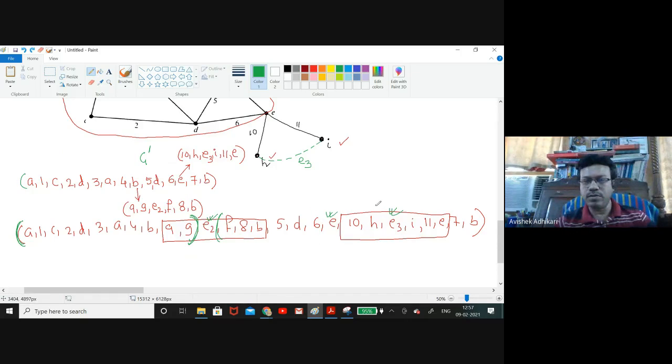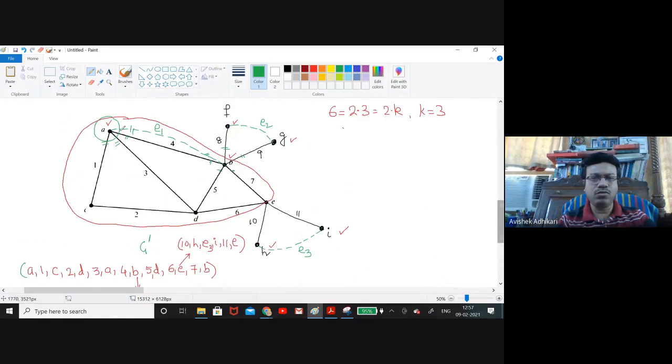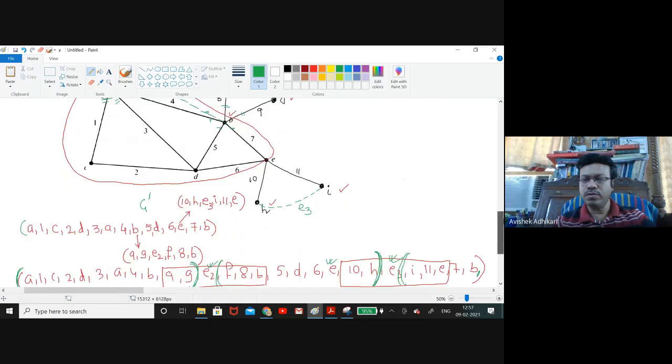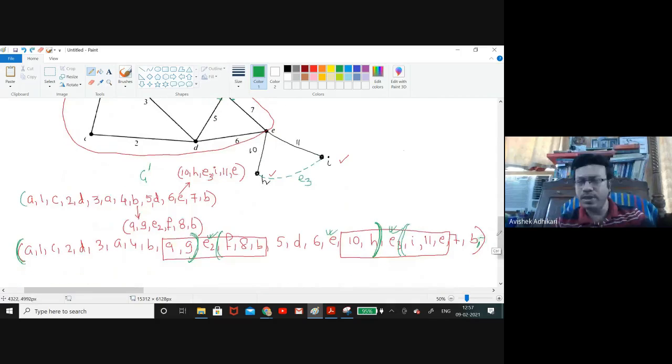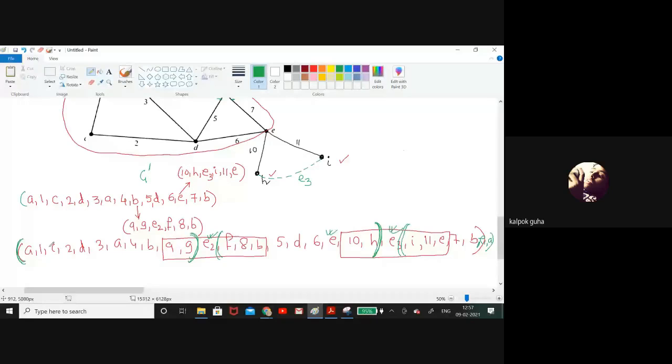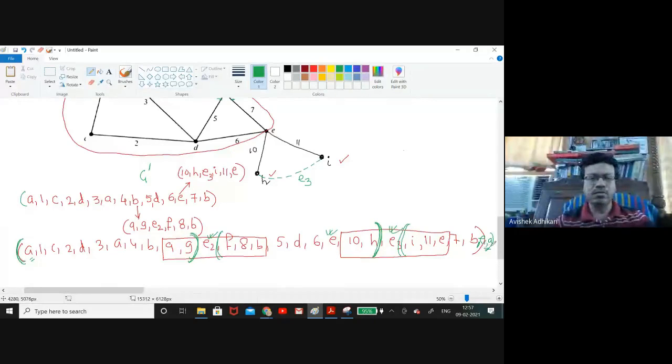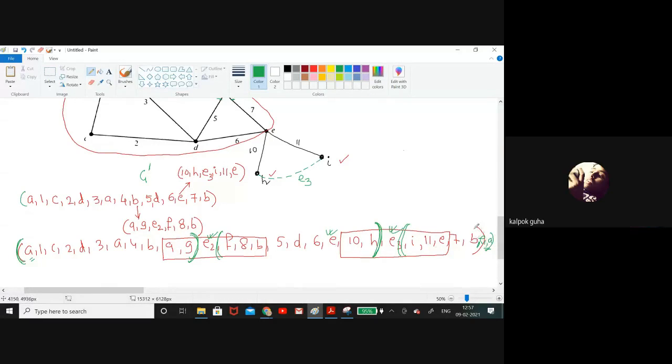Yes, it should be from up to this, and then from here to 7. And from B, so B2, from B2 you can come back to A by E1. So actually it should be from B using E1, you should come back to E. So it starts from A, it comes back to A by using some Eulerian line. Now you just come up to B.